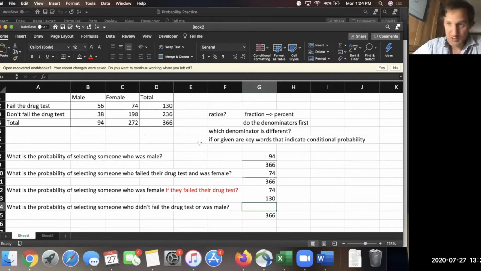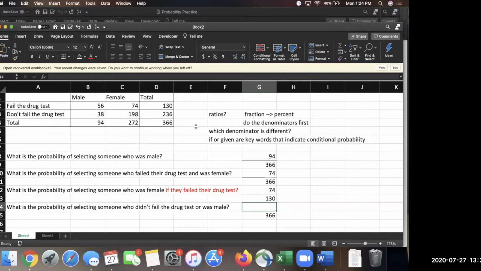So again, we can do this by adding the totals and then subtracting the overlap, or we can just pick individual groups. Would it be, it will be 94.